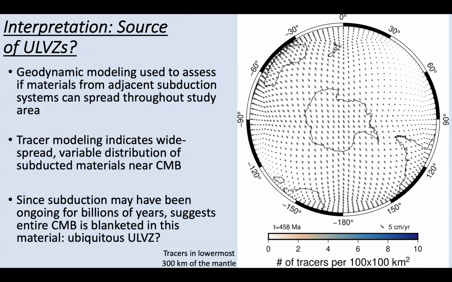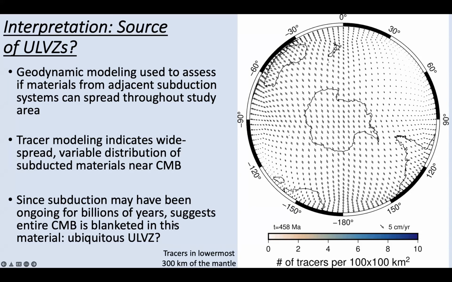So with that in mind, my colleague at Arizona State University, Ming Li, built some geodynamic models to assess this. Again, can materials from adjacent nearby subduction zones be moved into the lower mantle in our study region and hence explain the variable ULVZ structure that we see?